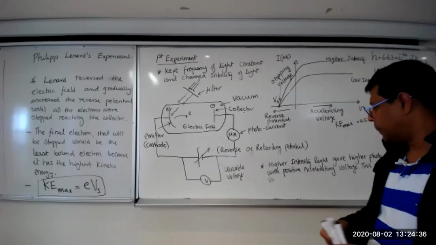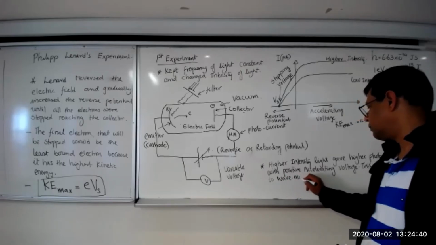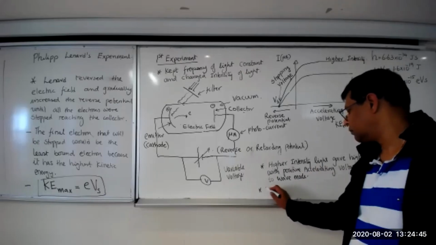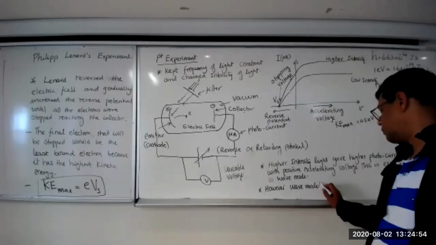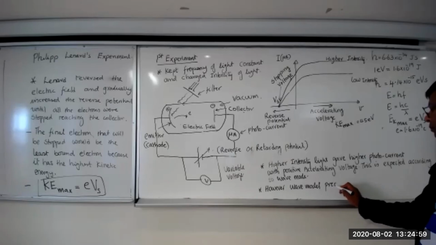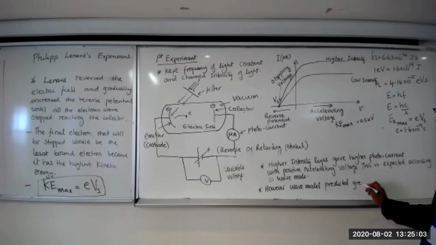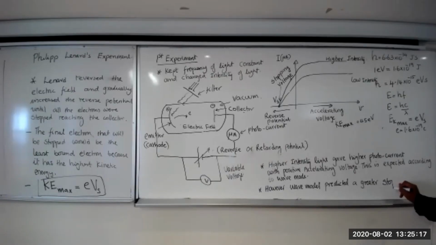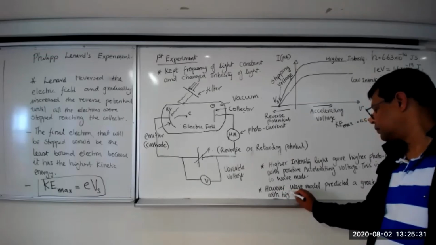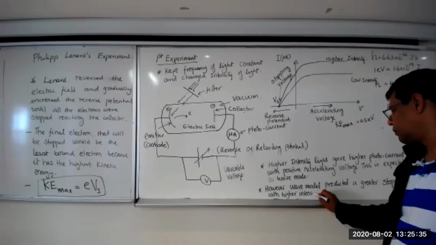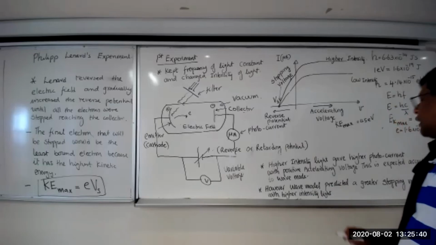According to the wave model, the wave model predicted greater stopping voltage with high intensity light, because it's assumed that more energy is given.